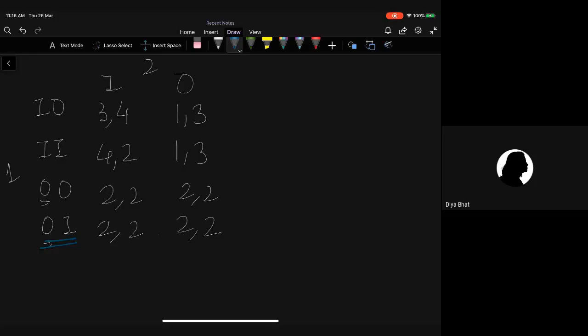So OI is one of the best responses. And if one chooses OI, then two is indifferent between in or out, and therefore out is a best response. So this indeed is a Nash equilibrium, OI, O.